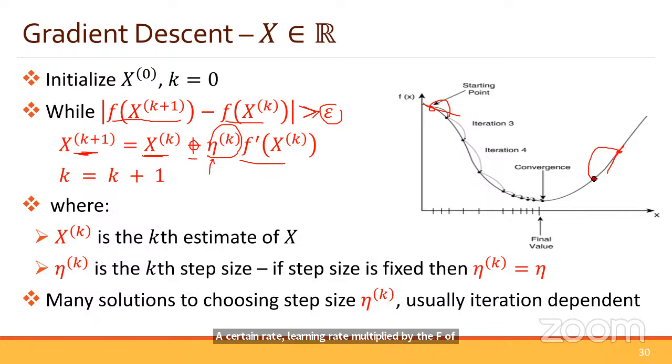That means you will jump to the left. Okay, so the learning rate here is very, very important. It reflects the step size, how you jump with your weight estimate each time you do the iteration.